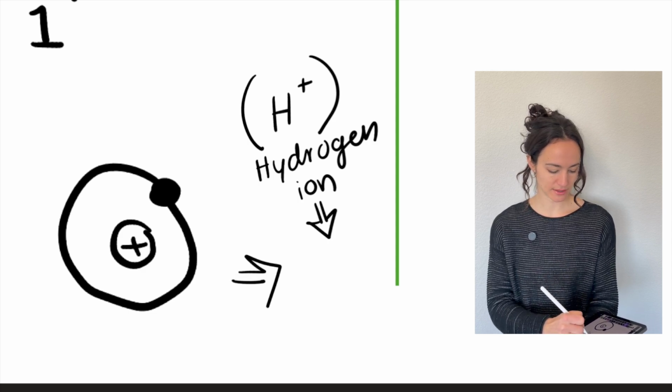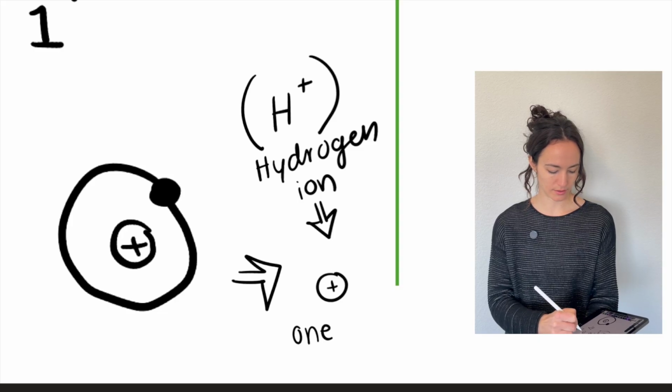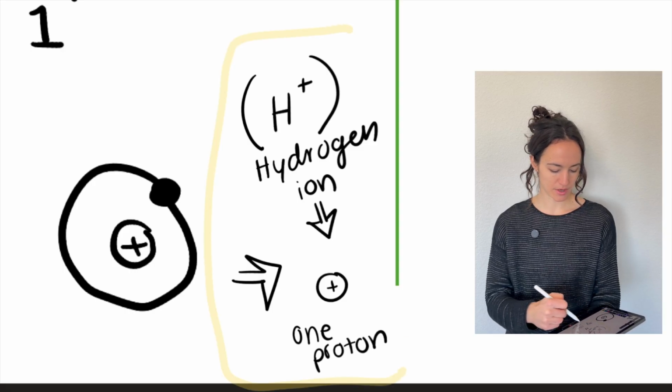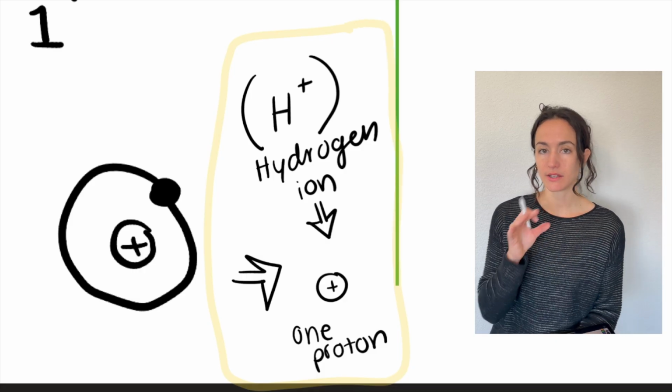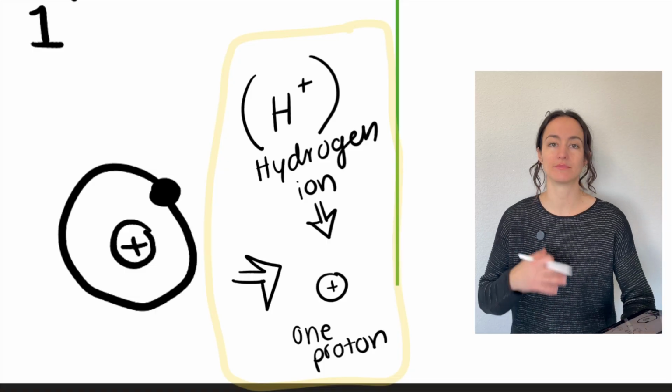If it loses its electron, we just have 1 proton on its own. This is something we will return to, but I wanted to bring it up while we're talking about hydrogen here. Whenever you see H+ or hydrogen ions, that's the same as referring to a single proton by itself.